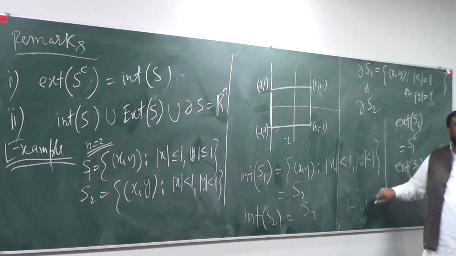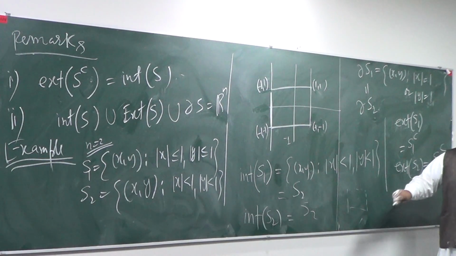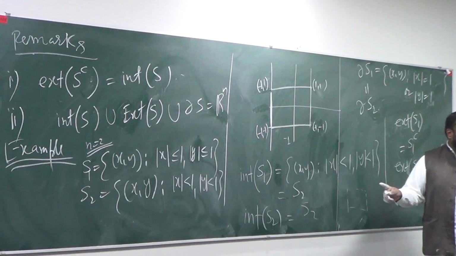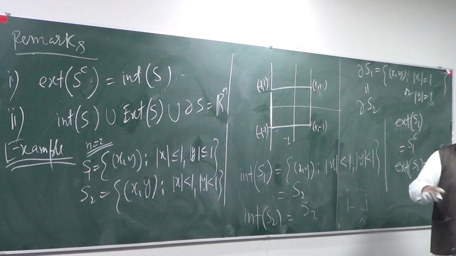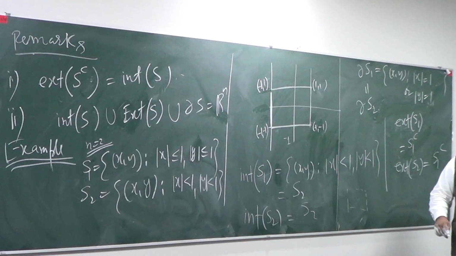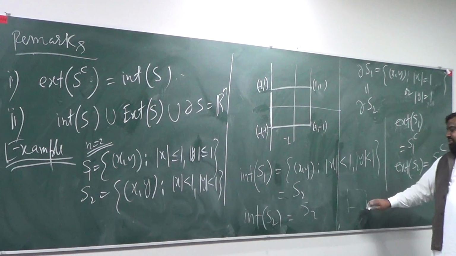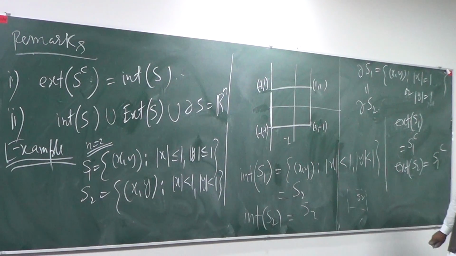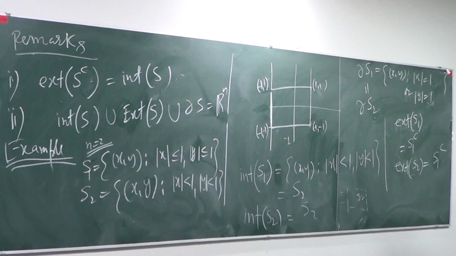It's really a boundary of the set, but not included in it. That's the key thing. So for a similar square, S2, the exterior is still the S1 complement.